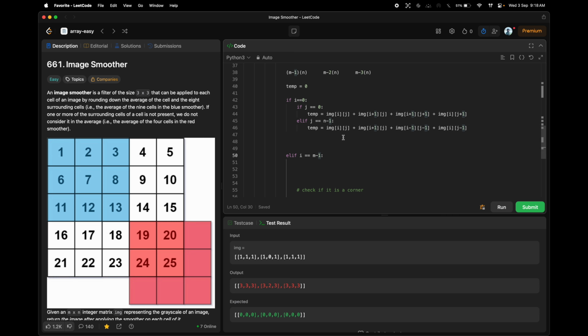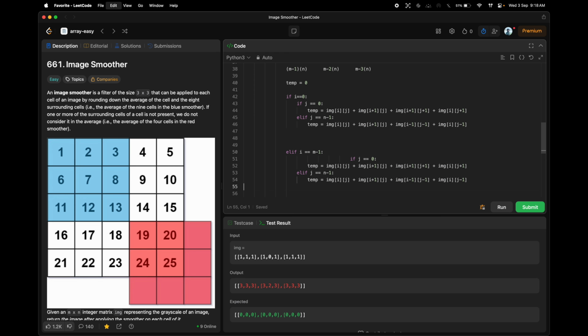Let's do the same logic if I equal to this, because this will also cover the values. Now if j equal to this, I need to give top right, so ij would be of course there, then I plus 1 j plus 1.